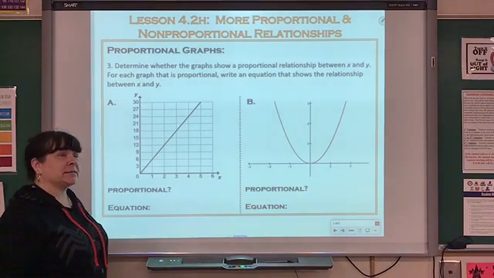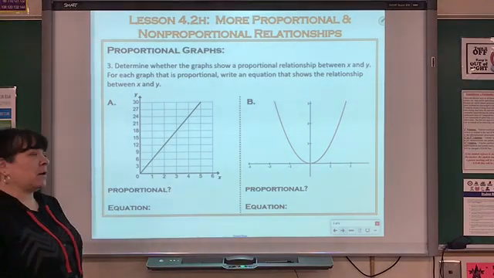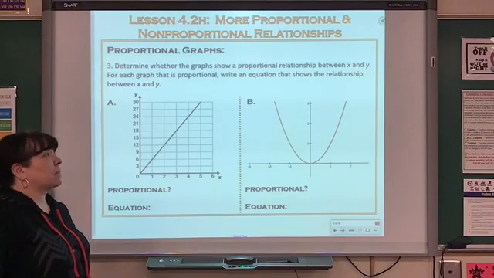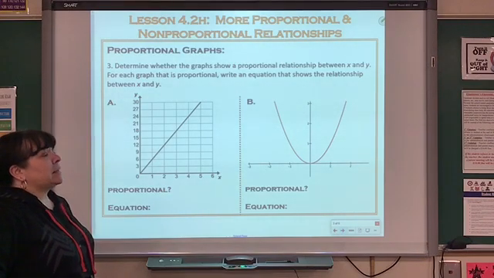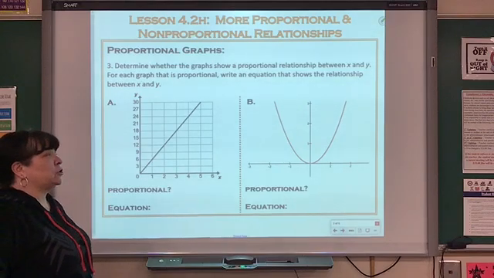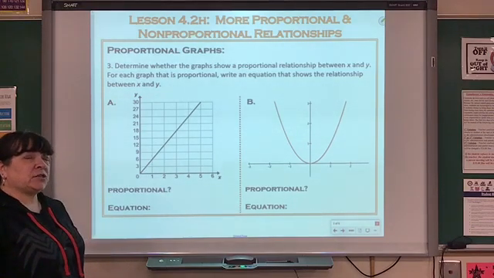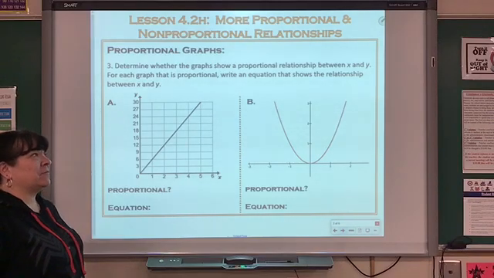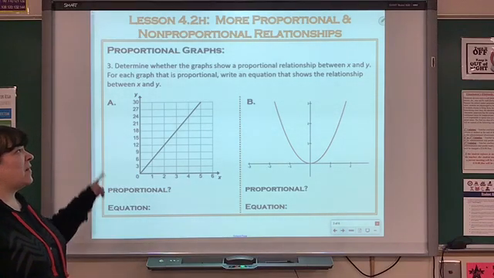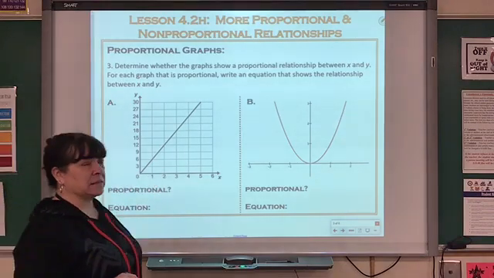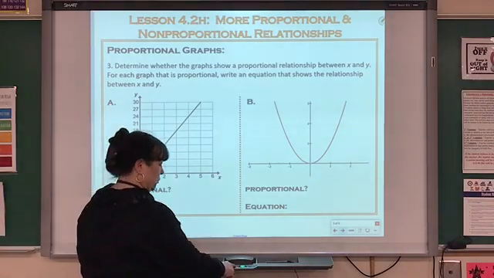Speaking of graphs, we want to talk about whether or not these would be proportional. So it does ask us if it is proportional to write an equation. Now, as you look at these 2 graphs, I hope that you can see that very obvious that B could not possibly be proportional.